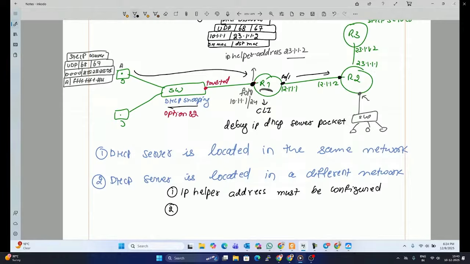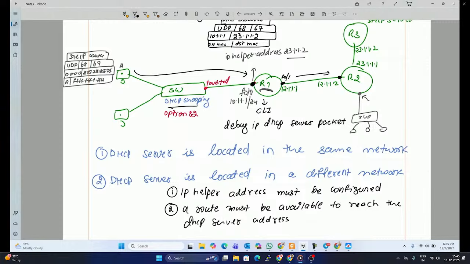Second, a route must be available to reach the DHCP server address. A route must be available to reach that DHCP server.